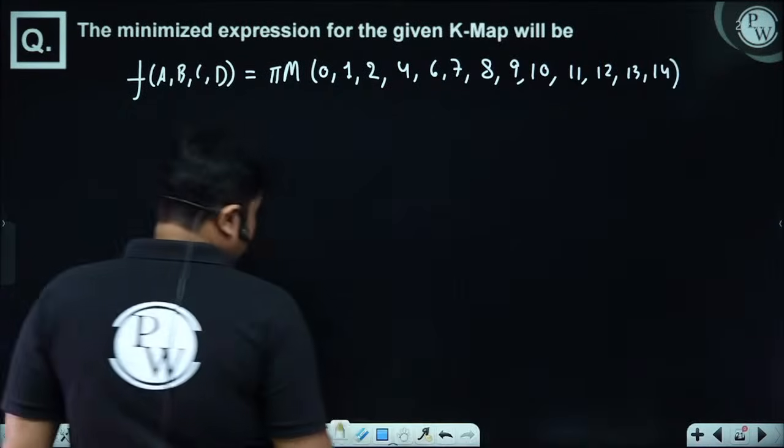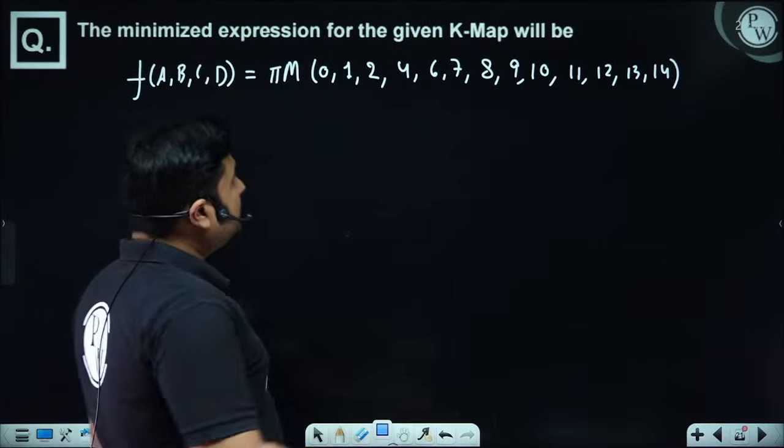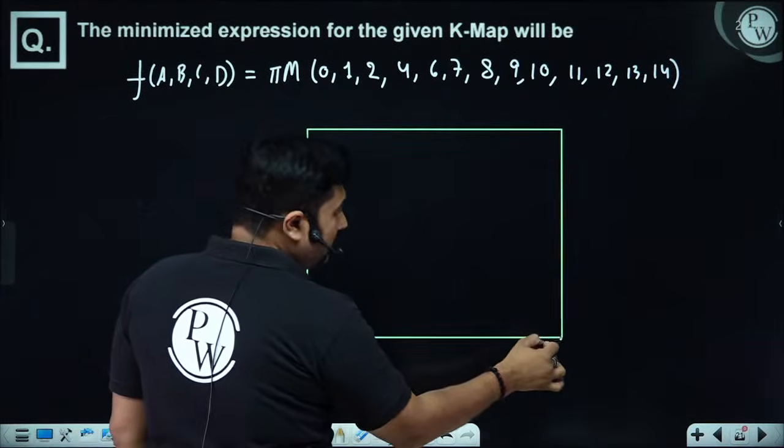Can you tell me the minimized expression for this function, beta ji? This is in POS, so you must go in POS only.